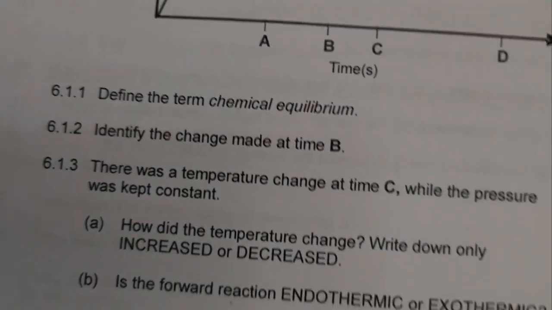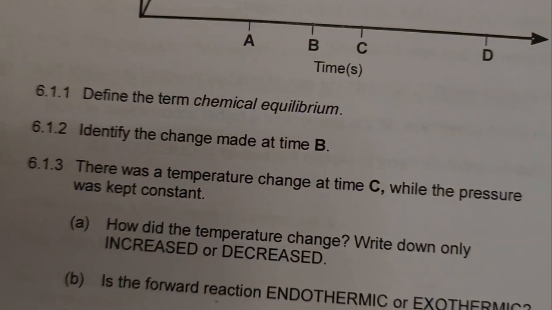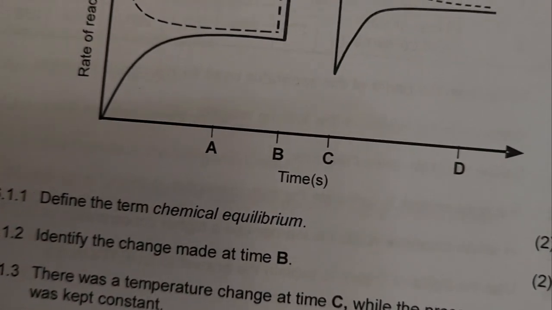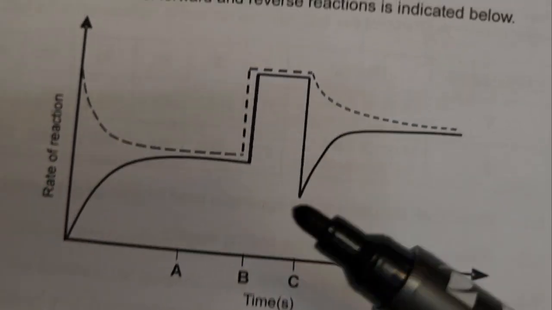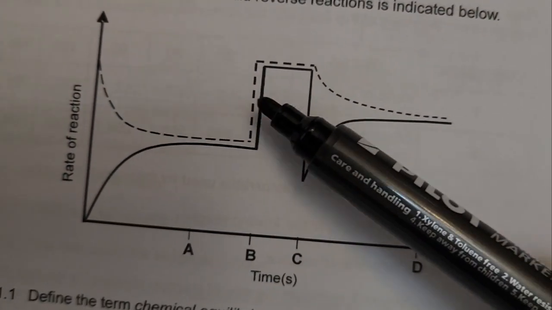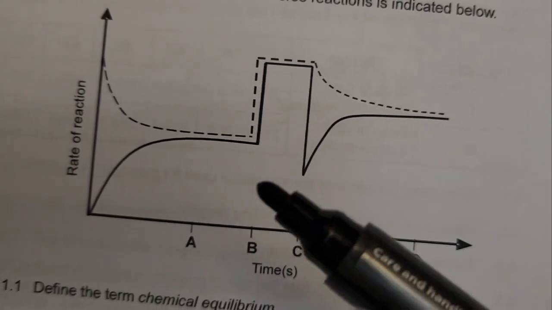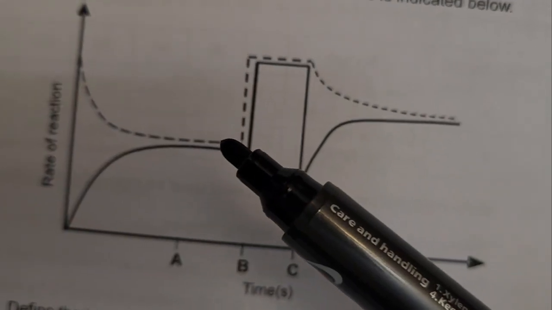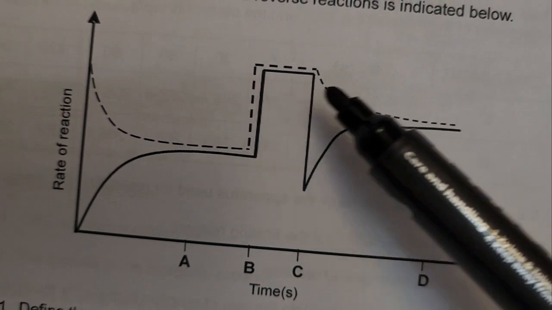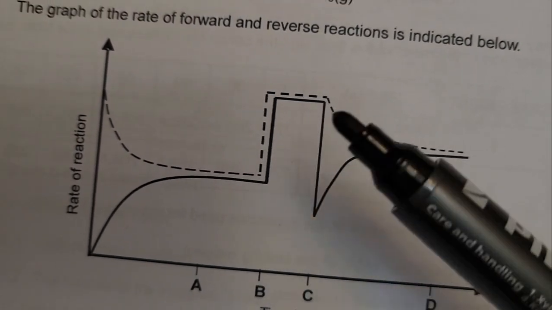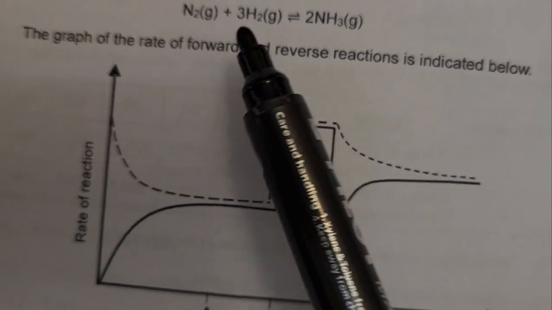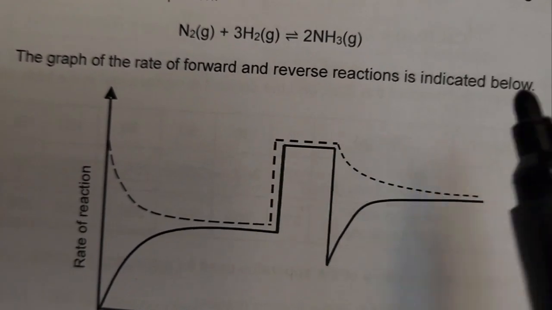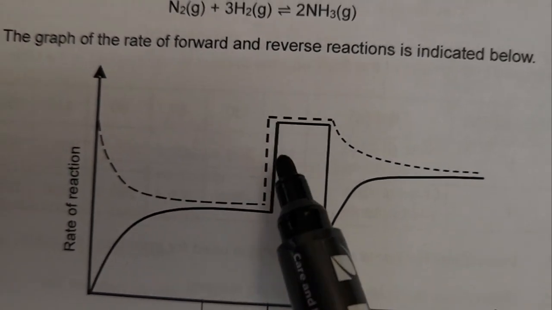The next question, they say identify the change made at time B. You look at the time B, and we know that in this case there are two factors that can cause this, but there's one factor that can do this in all equilibrium. In all equilibrium, catalysts can do that, but in select equilibrium, like the ones where the number of moles of the reactants and products are the same, equal, then an increase in pressure can also do that.